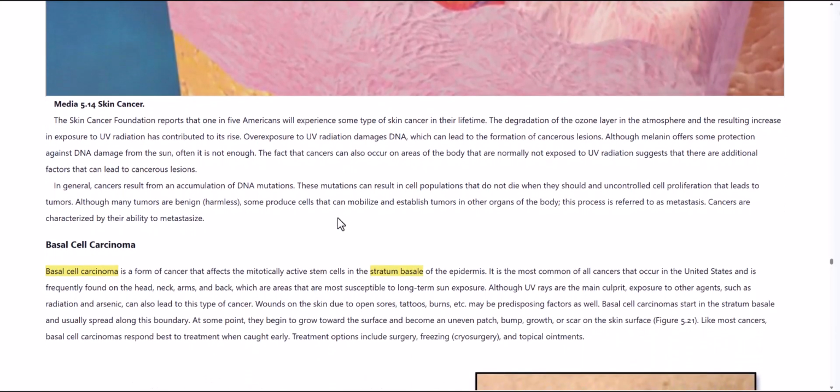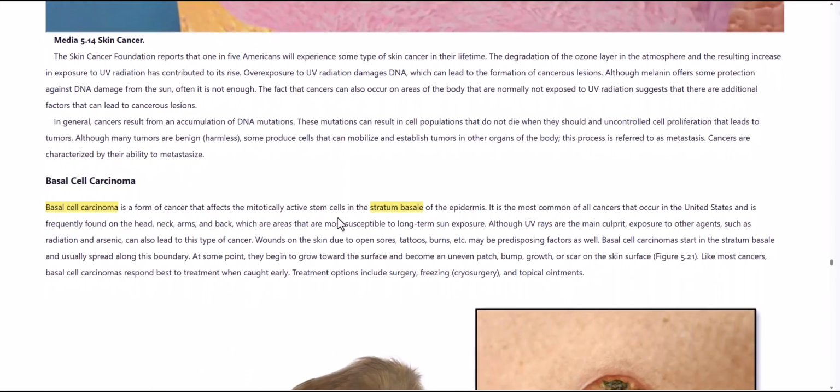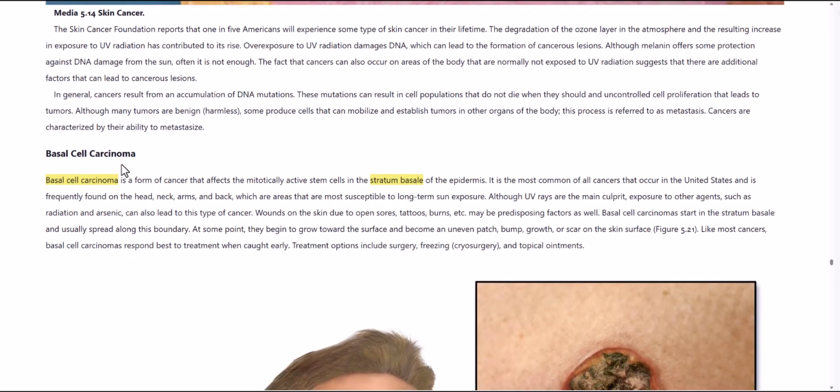Let's talk about these three different main types of skin cancer. And while I'm not going to ask you to recognize them visually, I do want you to appreciate the differences in the three types of skin cancer. And I want you to know what cell type in the skin went crazy in forming this skin cancer.